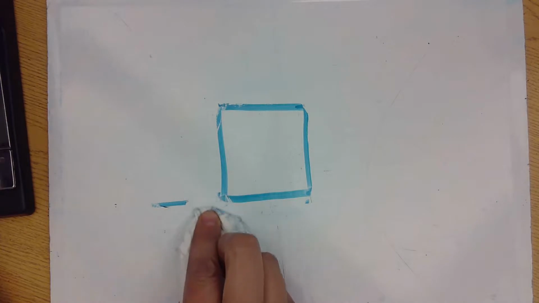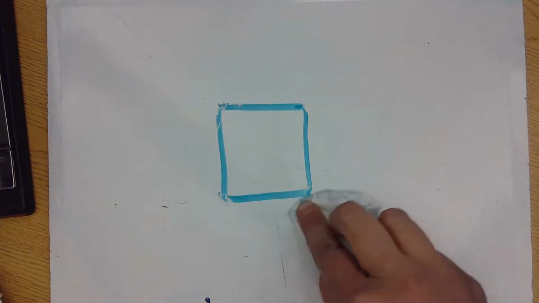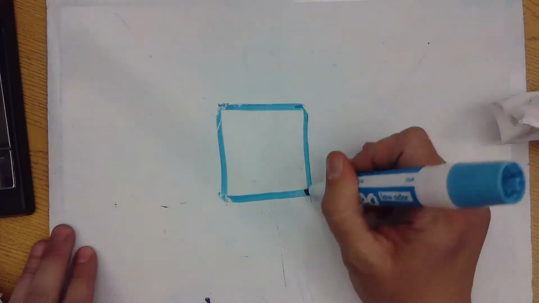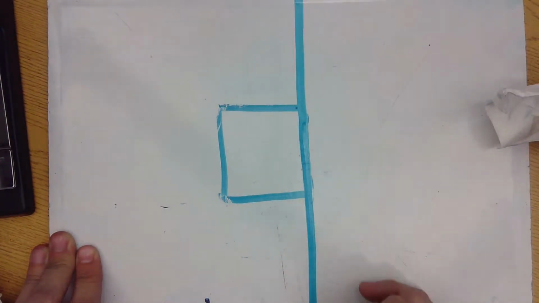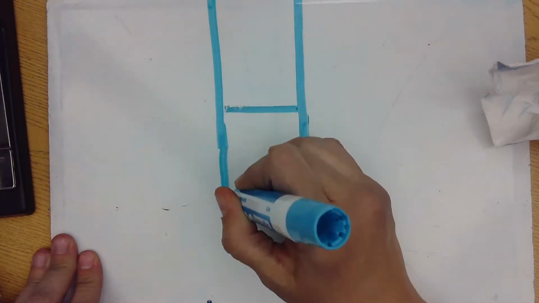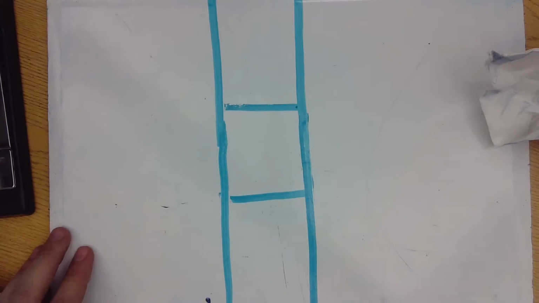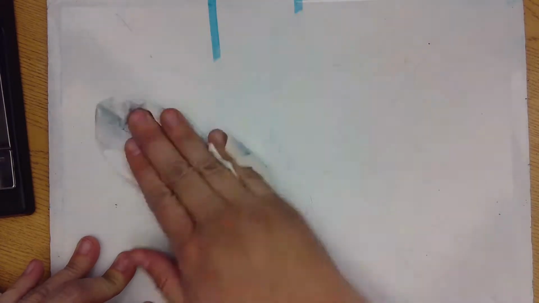Can I do the same thing with the sides that are going vertically? Yes, I can. If I extended this line on and on forever, up and down vertically, those two lines would never, ever, ever touch. So when we talk about parallel lines or parallel sides, as long as they will never touch, they are considered parallel.